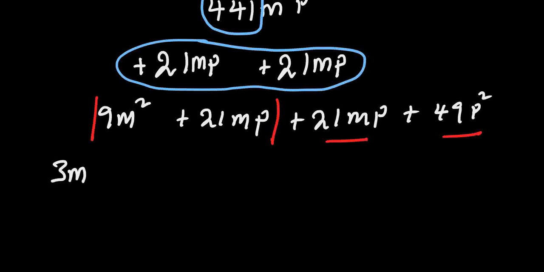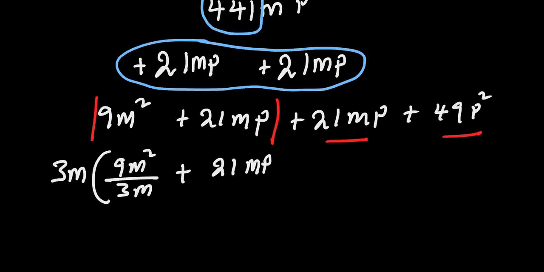All right, so we are writing the GCF outside now, and we can now divide 9m squared by the GCF. 9m squared divided by 3m plus 21mp divided by the GCF, which is 3m.